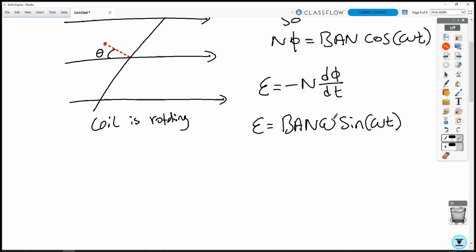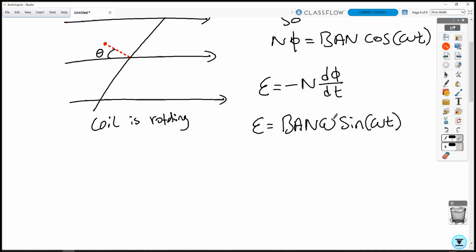So now, this tells us two things. Number one, that the EMF depends on how strong the magnetic field is. It depends on the area of the coils. It depends on the number of turns in the coils. It depends on omega, which means how quickly the coils are rotating. And it depends on, at that snapshot moment in time, what position that coil is currently in.